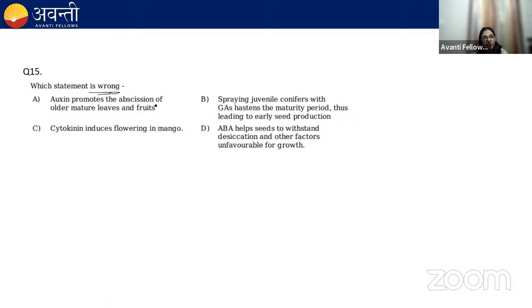First is the auxin promote abscission of the older mature leaves and fruit. Yes, it is true. They promote the abscission of the older mature leaves and fruit, but prevent the falling of the young leaves and fruit.